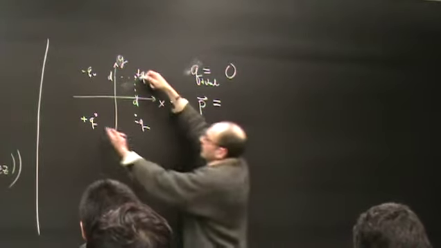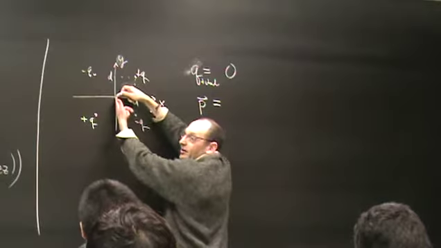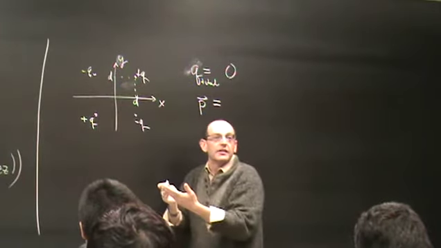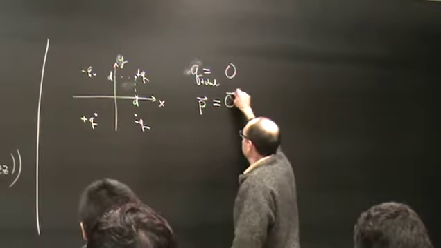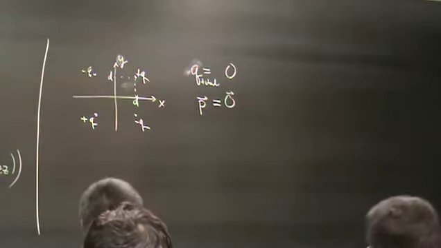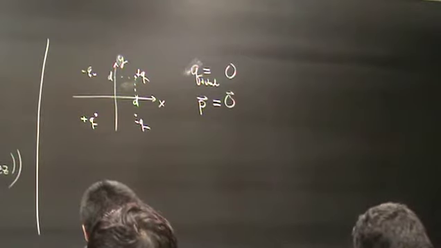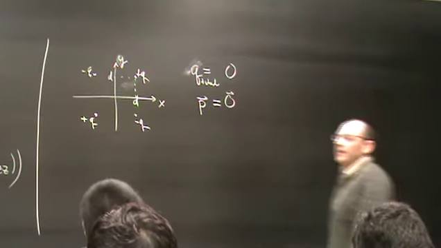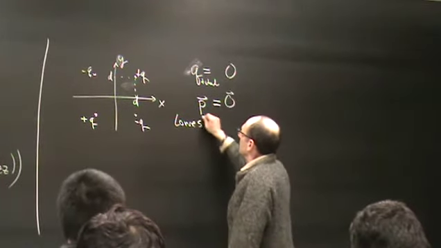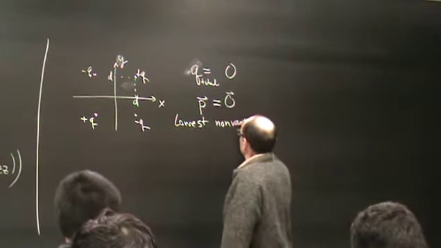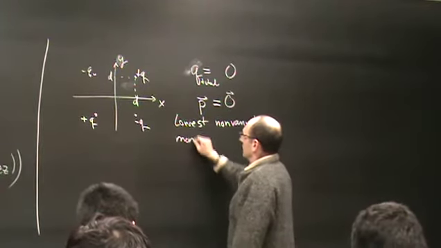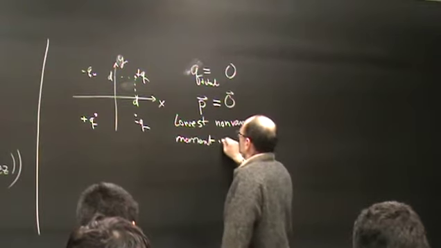But they're both, this one, its average position is the origin, and this one, its average position is the origin. So this is also 0. There's no electric dipole moment associated with this distribution. So we got to go to the lowest non-vanishing moment, which is quadrupole.